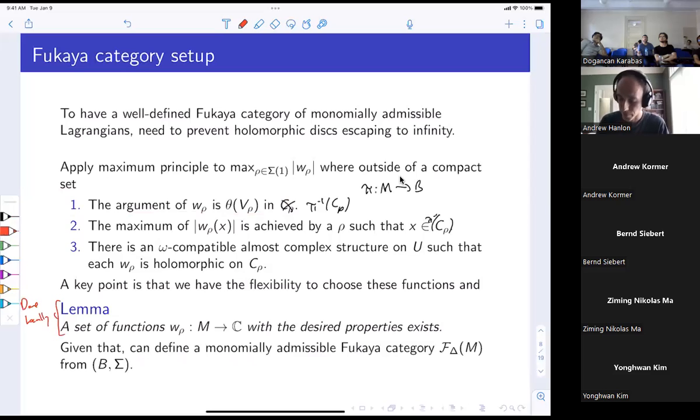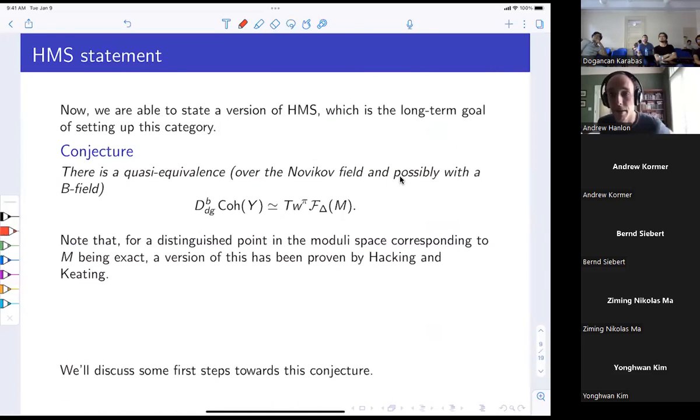Okay, so then one can make the kind of homological mirror symmetry statement that you would expect, which is essentially the long-term goal of setting this up.